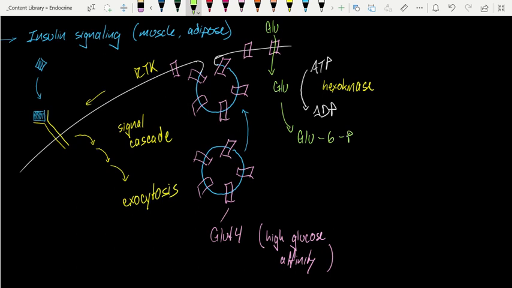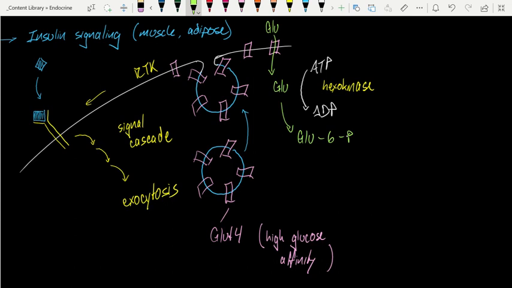There's a lot of things we can do with it. We can run it through glycolysis, we can make glycogen, we can turn it into certain amino acids, we can even turn it into the 5-carbon ribose sugars to make DNA, lots of different things we can do with it. Now we've got it inside the cell. And of course, this is what's lacking in someone with diabetes, either type 1 or to some extent type 2.